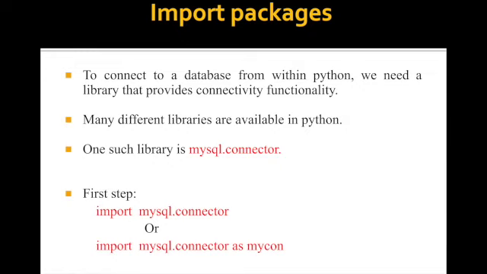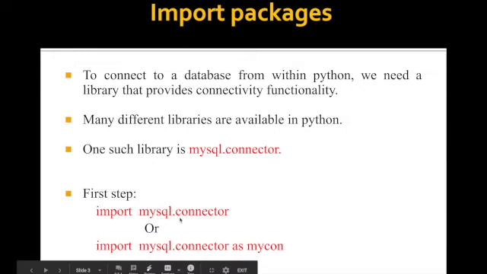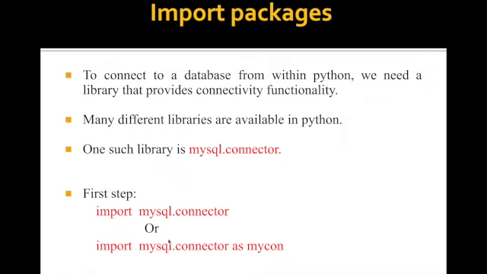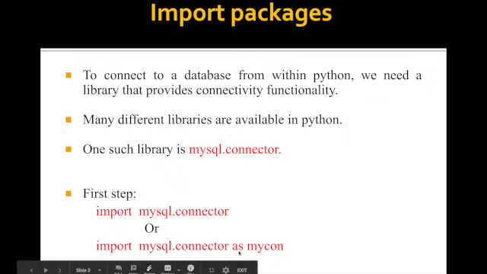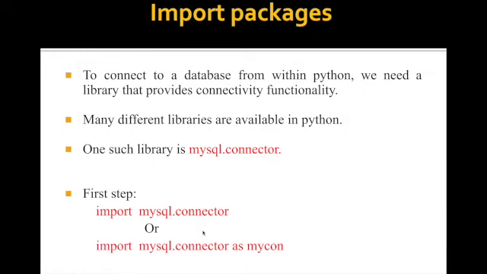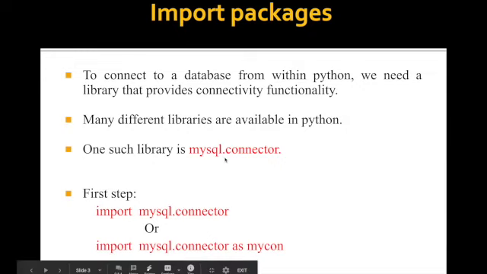Here the name mysql.connector is lengthy, so to replace it with a small name we write import mysql.connector as mycon. That means instead of writing mysql.connector at any other place, we can use the name mycon. Otherwise, you can use mysql.connector everywhere. So the first step is to import the package, and the package we are using here is mysql.connector.